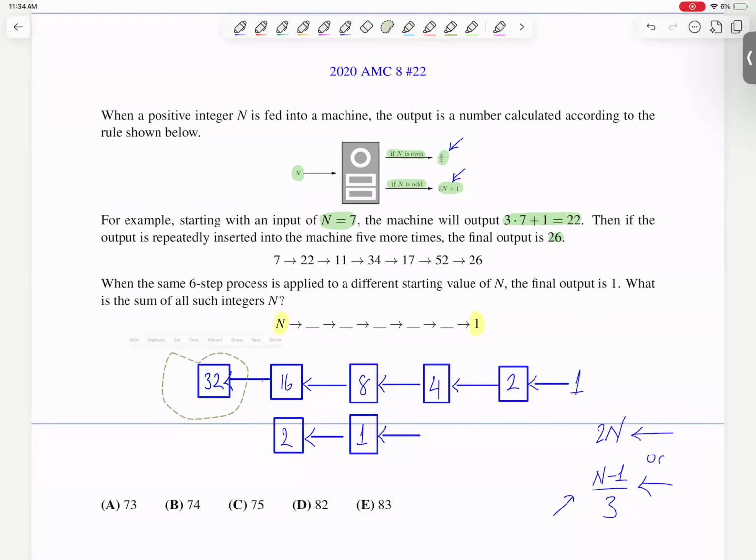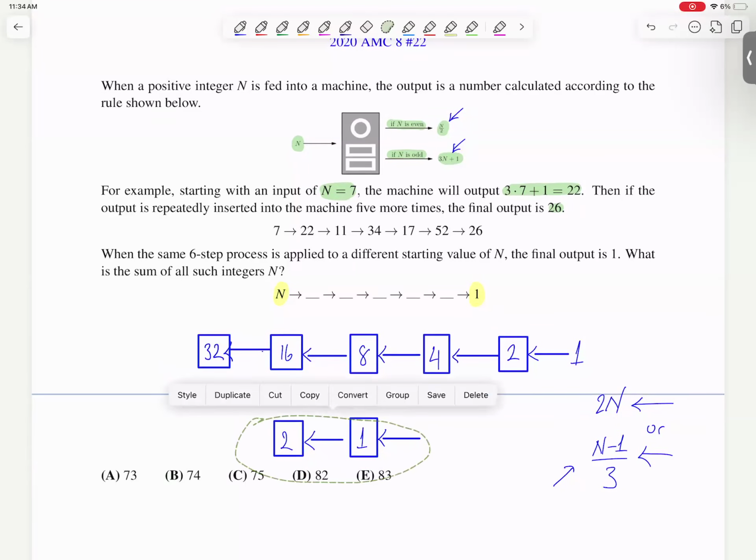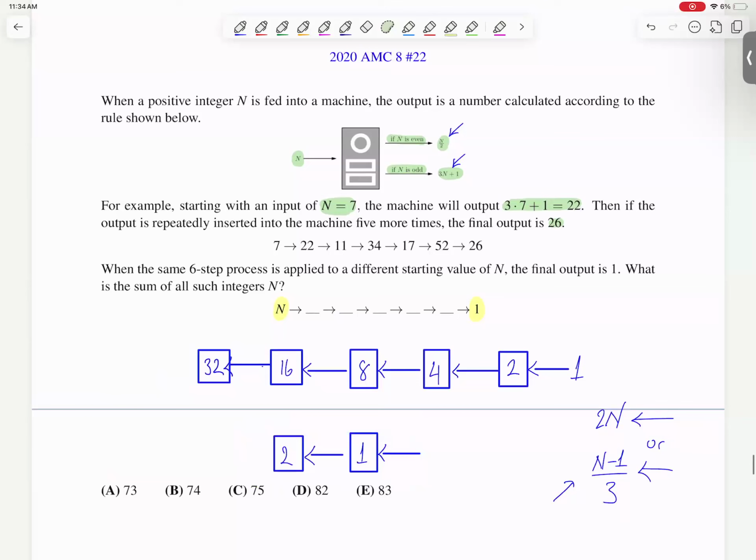So in this reversing process, we can have 5. Check: 5 times 3 is 15, plus 1 is 16. If we had 2 here, we have to multiply by 2, so the only value for input is 4.